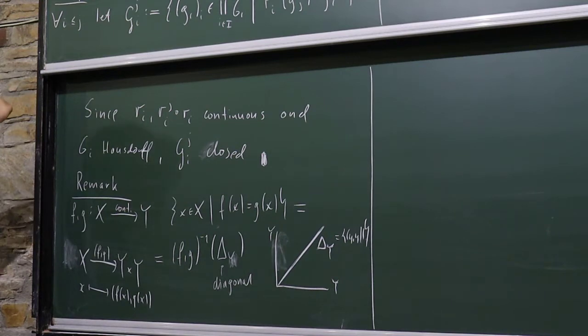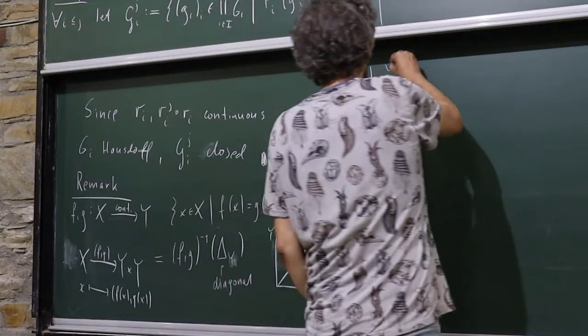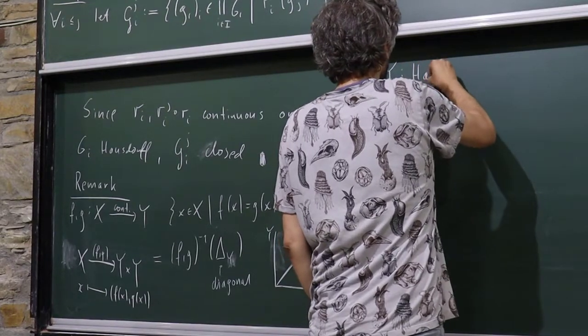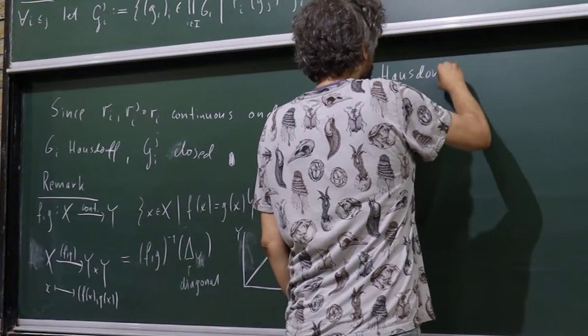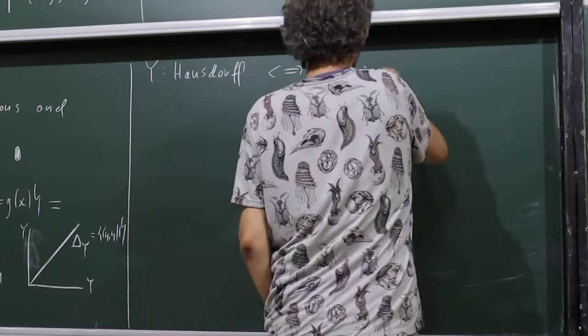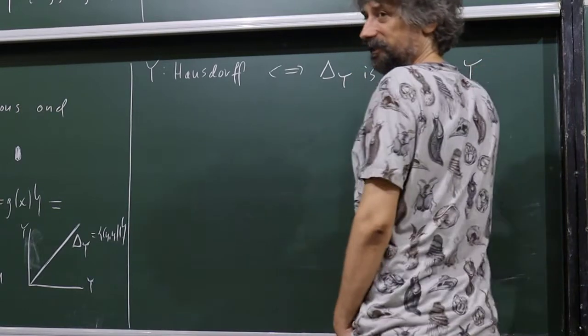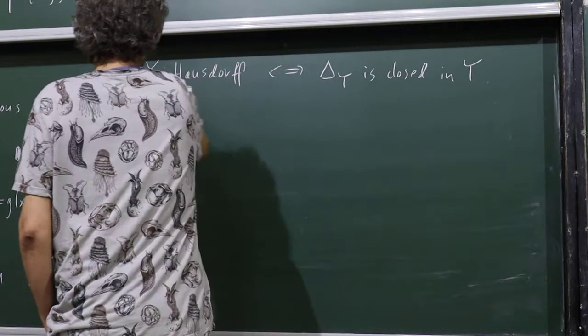Now the condition is actually equivalent: Y is Hausdorff if and only if the diagonal is closed in Y times Y. So that's the connection.